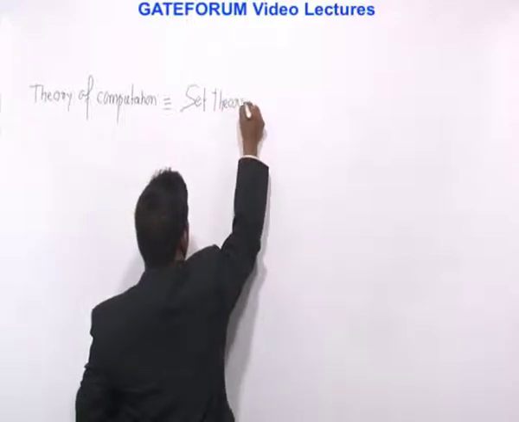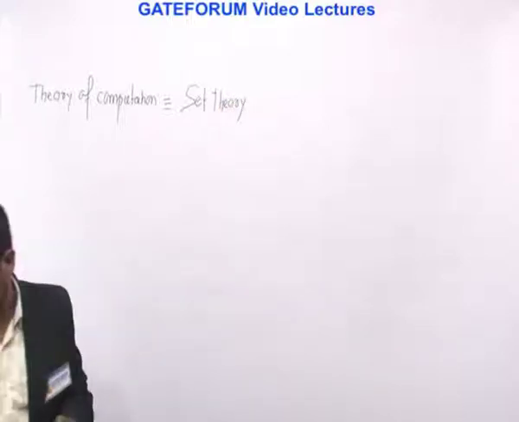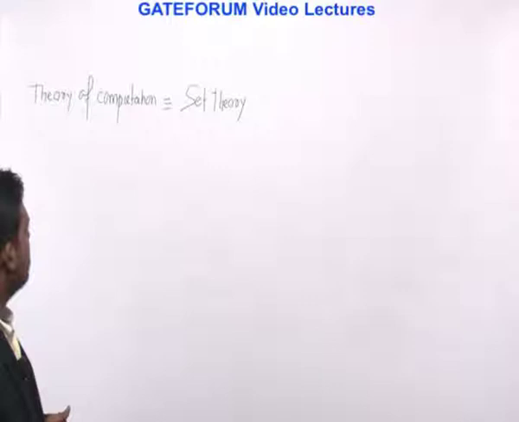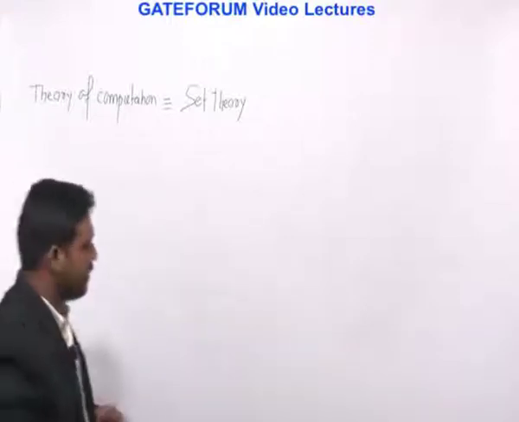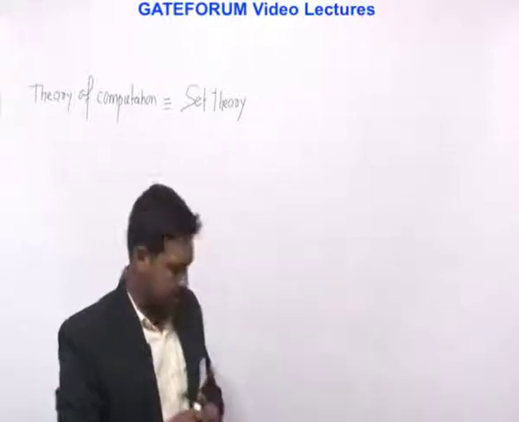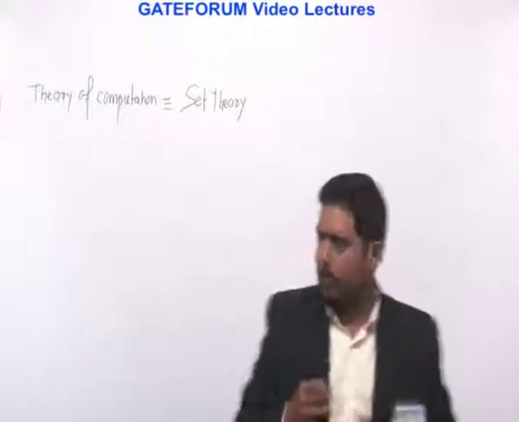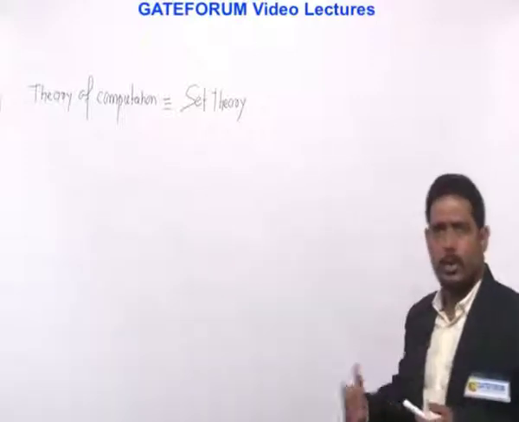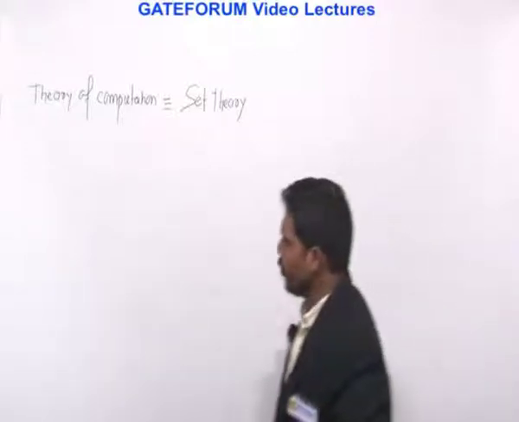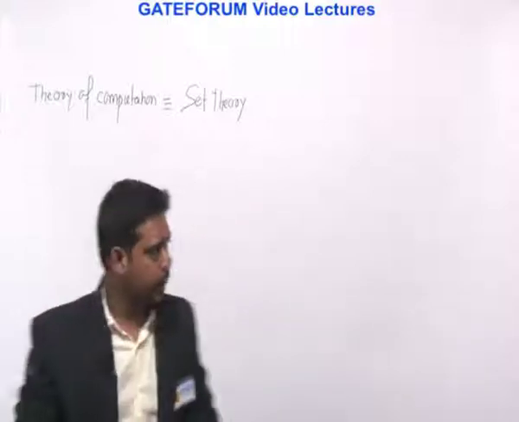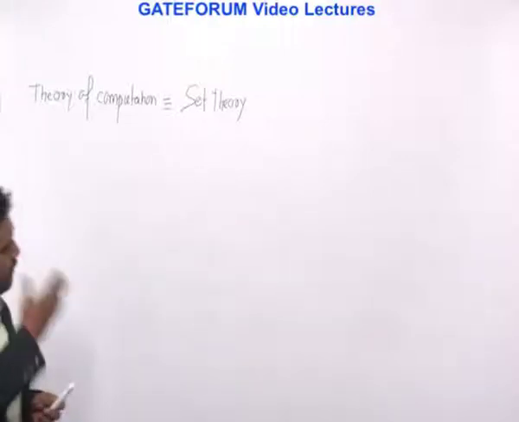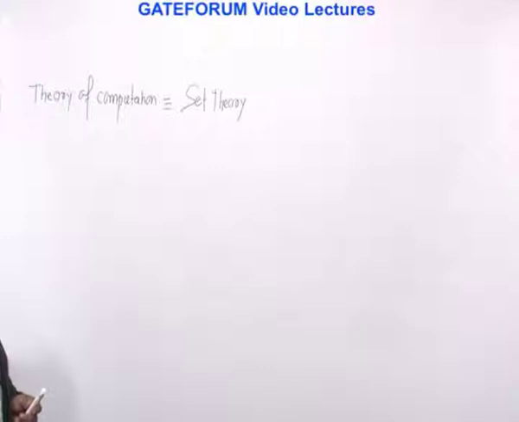This particular part is a prerequisite for this subject: you must have a very clear idea of what set theory is, and its operations. So I'll go through some of these operations, and you can also revise certain aspects of it.